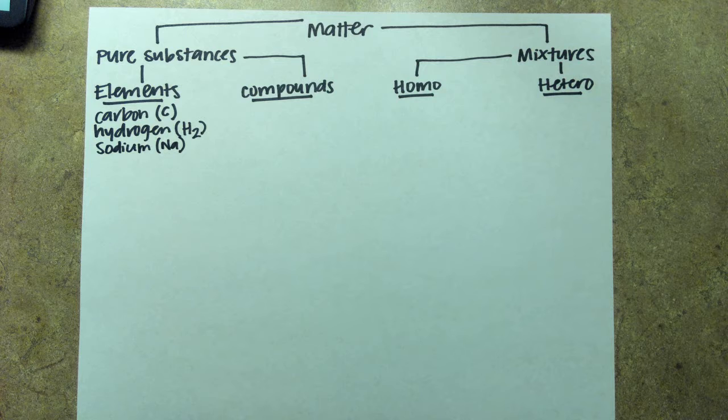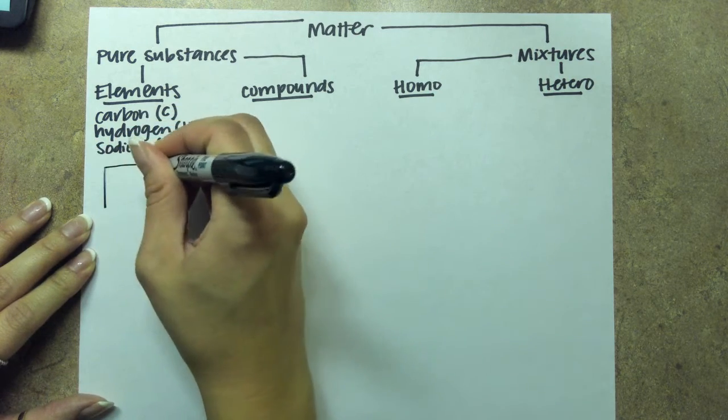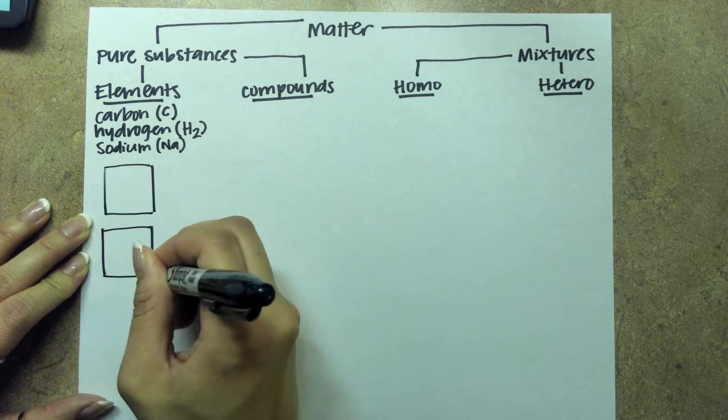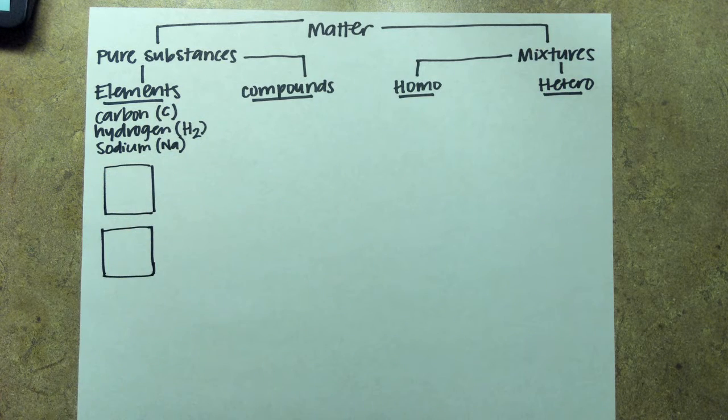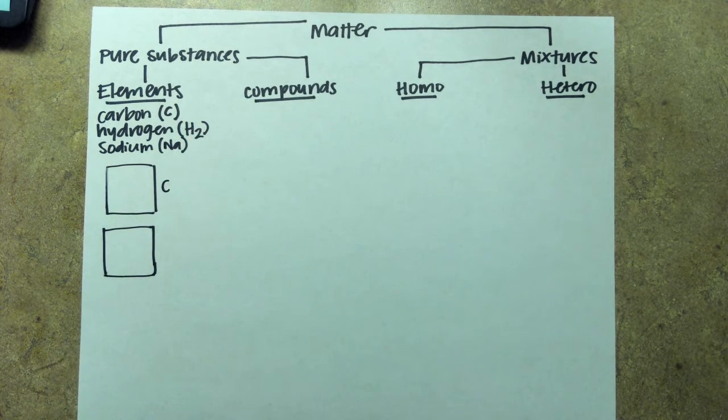Aside from examples of elements, you also need to know what they look like if we were to draw them as a particle diagram. So I'm going to go ahead and draw 2 boxes here so you can see what that's supposed to look like. And so if I wanted to draw an example of carbon, I'm going to put C for carbon.